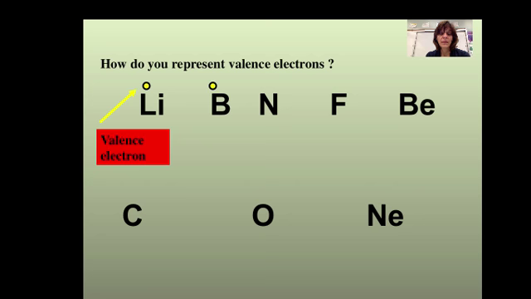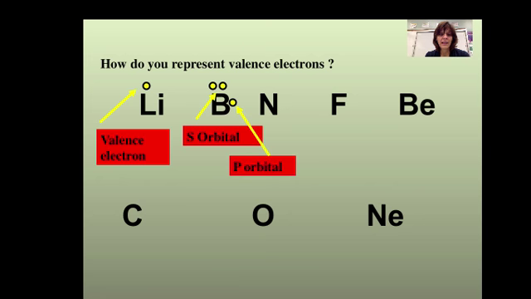Boron, being in group 3A, has 3 dots. Now, often we think of the first 2 electrons as being the s orbital electrons, and they're often shown together. And then the p orbital electrons are on the other sides. There are some other things that happen, so you want to be flexible, but that's how they're often shown.